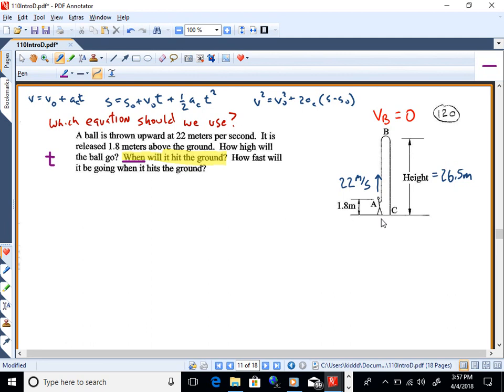We got s0 and s final. We got the final velocity. We got the initial velocity. We got the acceleration. We got lots of stuff. So hopefully we can get this thing figured out. What's the most direct way to get this one? So we want to find t. Which equation would be the one to go with?